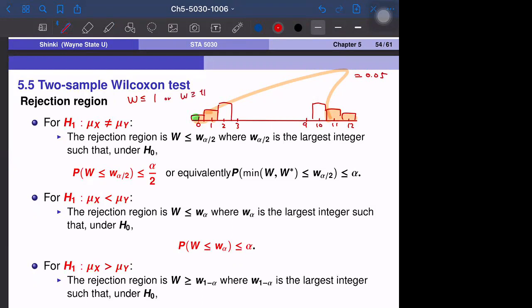So this is the rejection region for the 5% significance level. So this is how to define the rejection region.